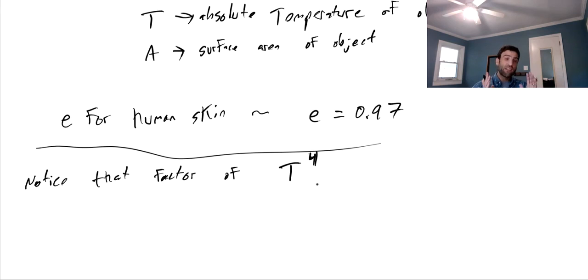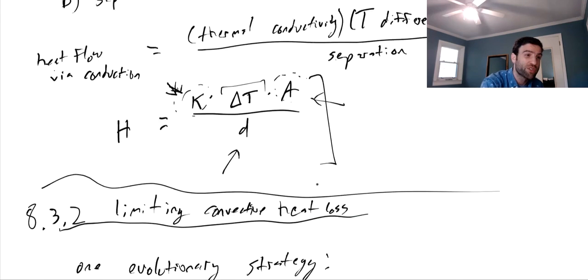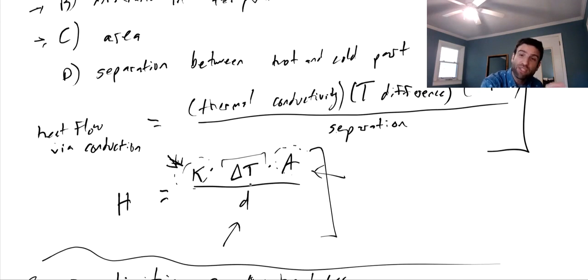And actually, that explains why radiative heat transfer can be so important, right? When we feel the radiated heat of a fire, the difference in temperature between the fire and us can be quite large. The amount of heat flow by direct conduction through the air, right? That's only proportional to the difference in temperature between us and the fire.